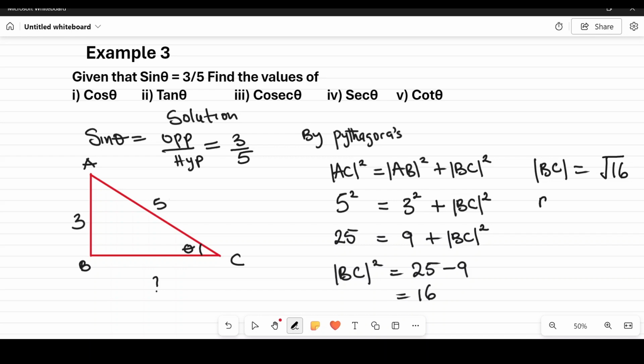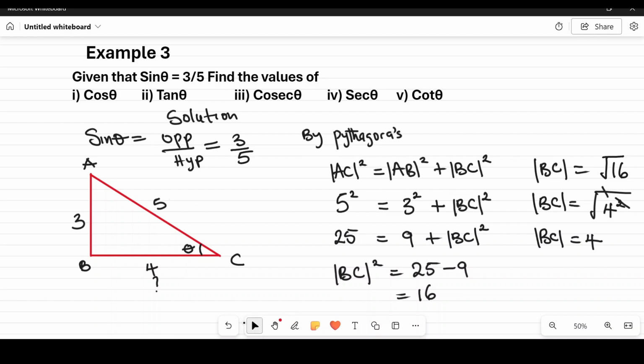So BC will be equal to root of 4 squared. Now my square will cancel out the square root. So my line BC is equal to 4. So from here, we now obtain that our adjacent side is equal to 4.